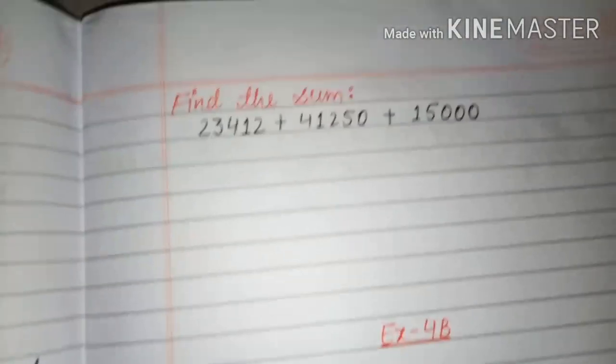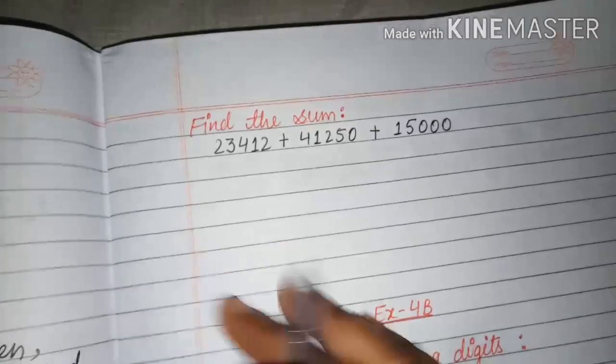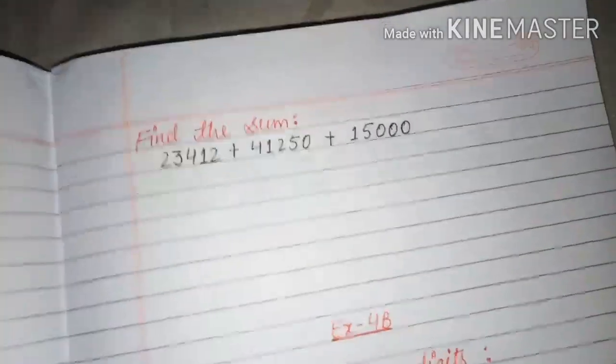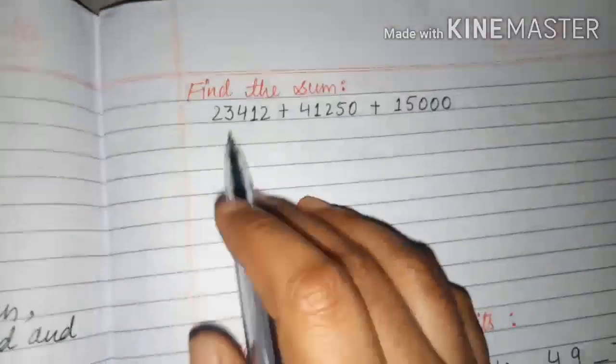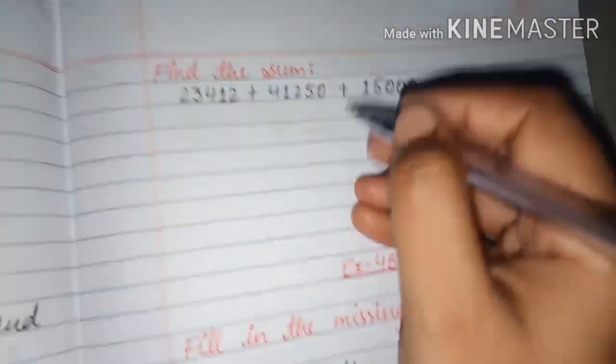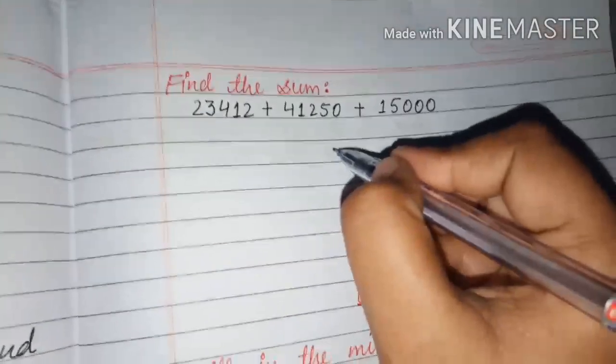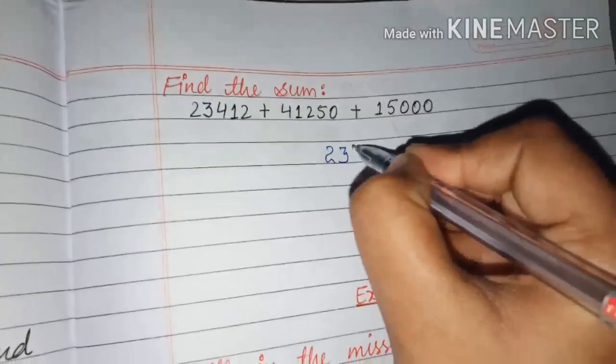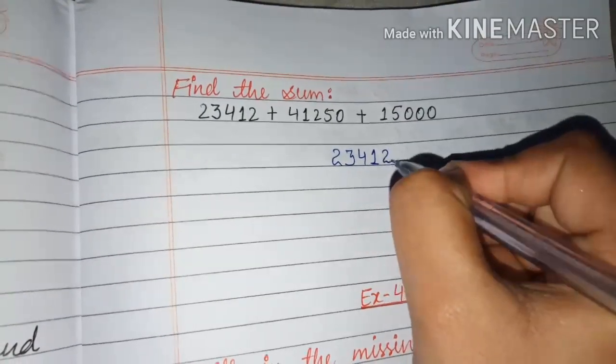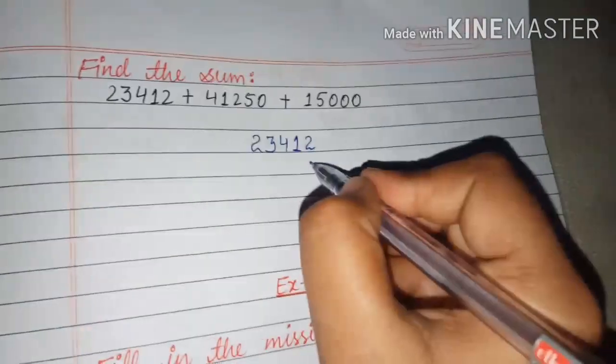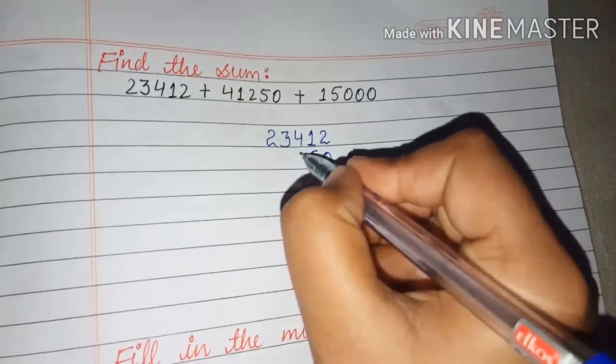You have to find the sum. So how would you find it? Let's start. 24,412. Directly write the numbers in a column. 2 3 4 1 2, and then the next number, obviously starting with the ones place.